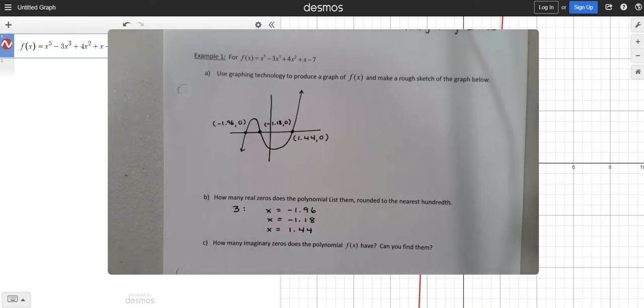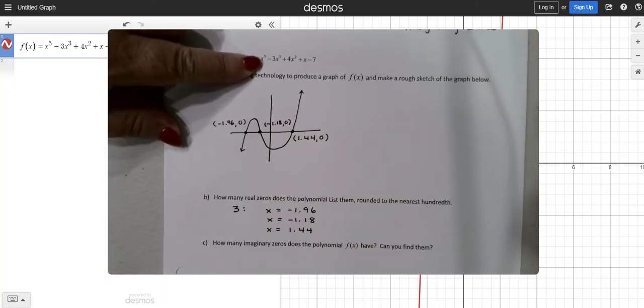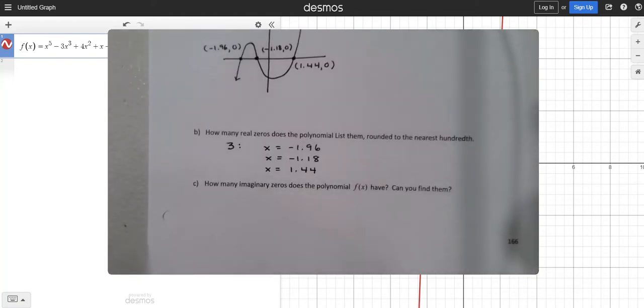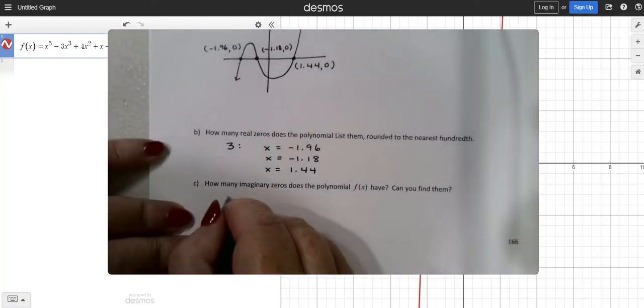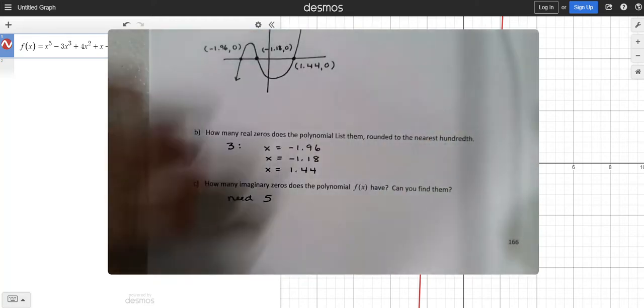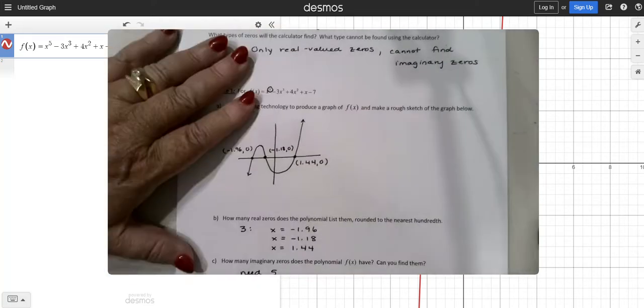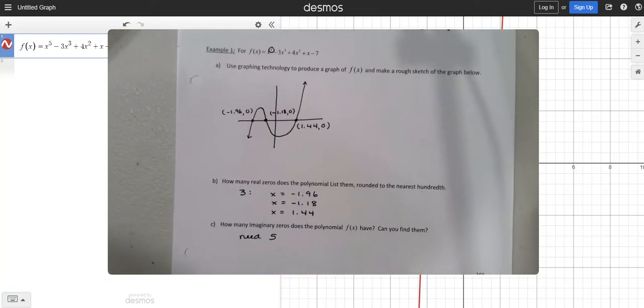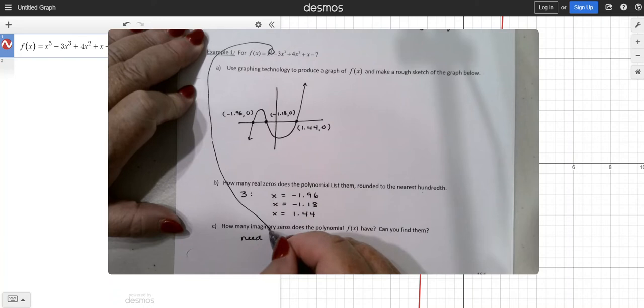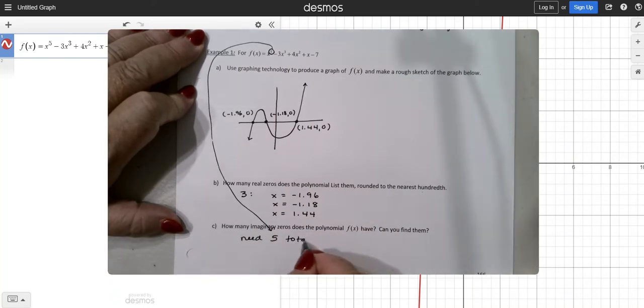So, since I found 3 real zeros, and I know there should have been 5 zeros in all, that means there must be 2 more imaginary ones. We know that we need 5 total zeros. 3 of them we've already found were real.